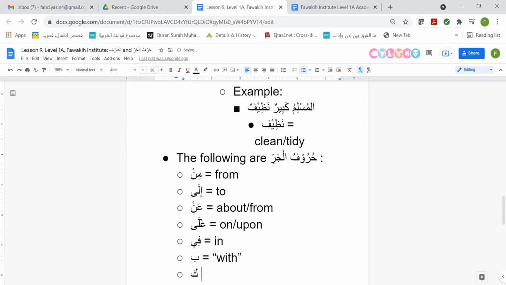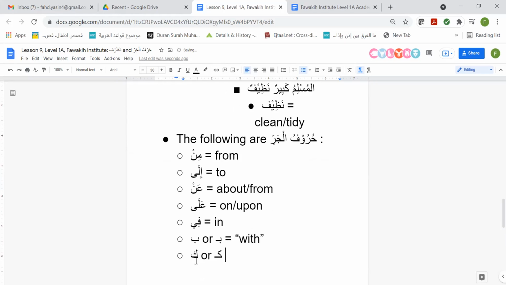Actually, I'll go ahead and show it like this because this is how it actually comes in the text, right? It's the same letter. Kaf, this means like or such as. Lam, usually like this, and this means for.